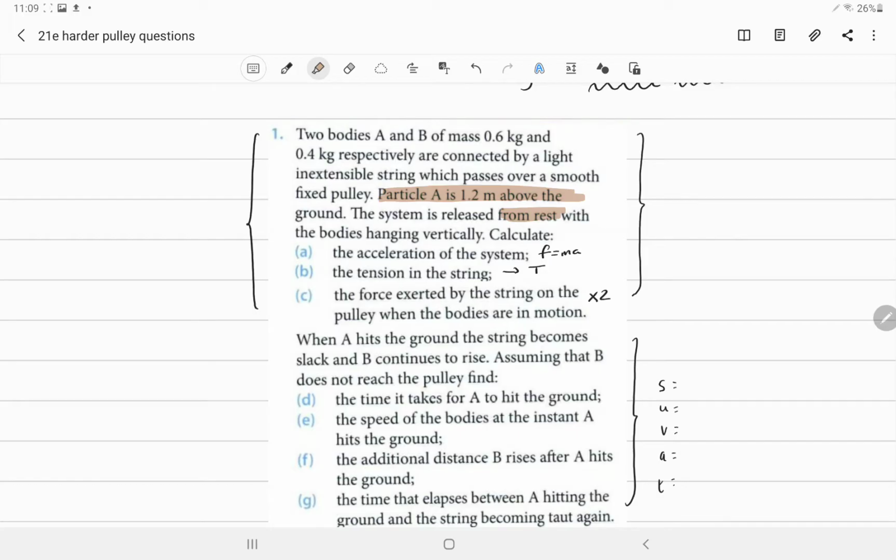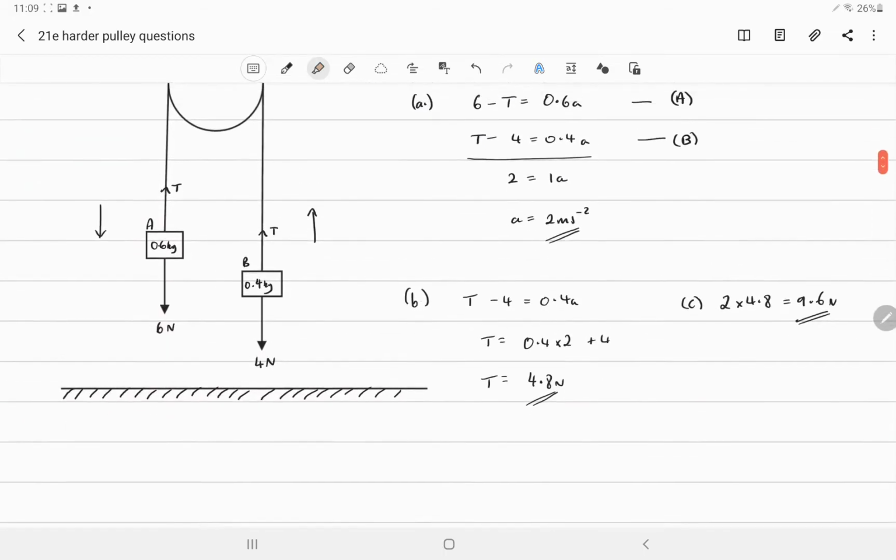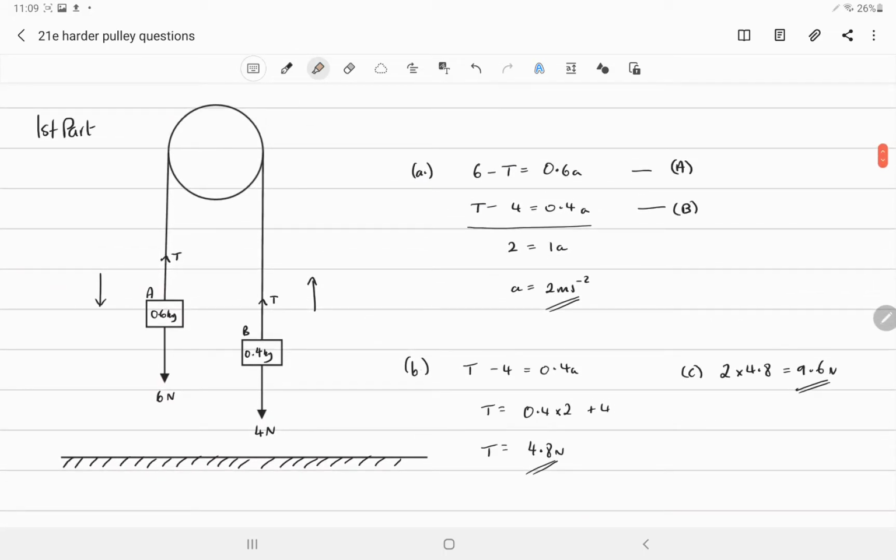So like I said, A, B and C, you should be happy enough with them if you're happy enough with yesterday's work. So 1, A, B and C is just this working out. So just notice the heavier object is going to fall down and the lighter object is going to be brought up. This is our F equals ma for our heavier object. This is our F equals ma for our lighter object, and then we work out the acceleration.